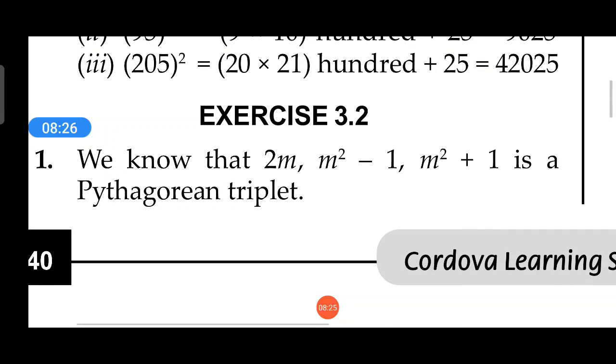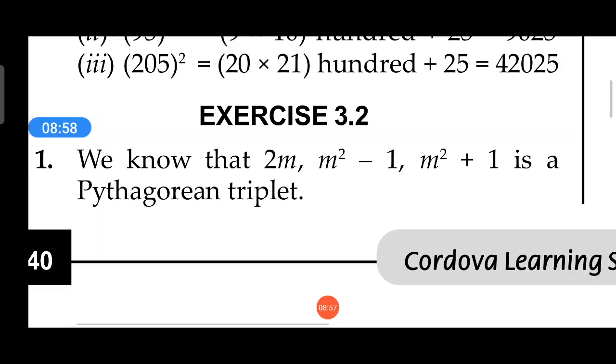Okay, now we'll come to exercise 3.2. We must understand what a Pythagorean triplet is. Suppose A, B, C are three numbers where C is greater than A and C is greater than B, such that A square plus B square is equal to C square, then A, B, C is called a Pythagorean triplet. Now we'll take some examples.